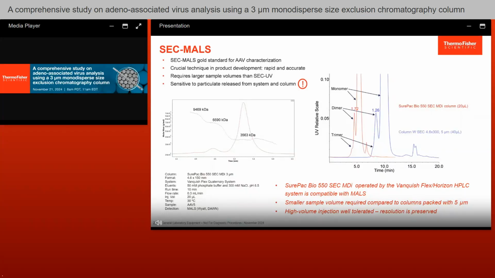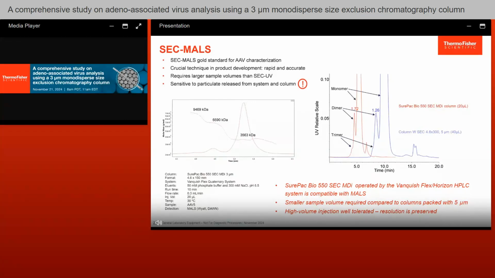Because our column is 150, the shorter length enables a higher throughput method and reduces the overall runtime by more than half. We can also inject 50% less sample compared to the longer column.